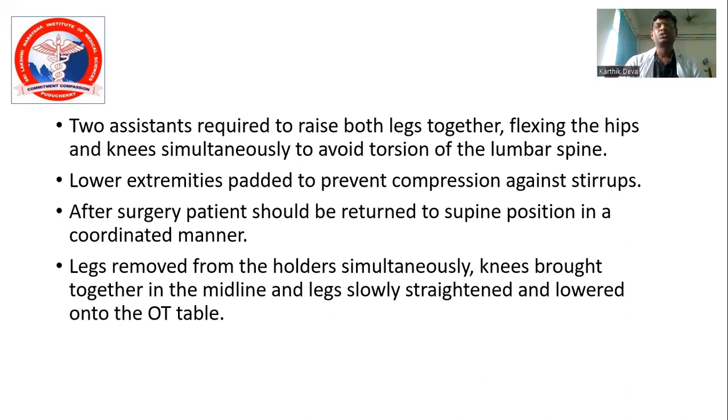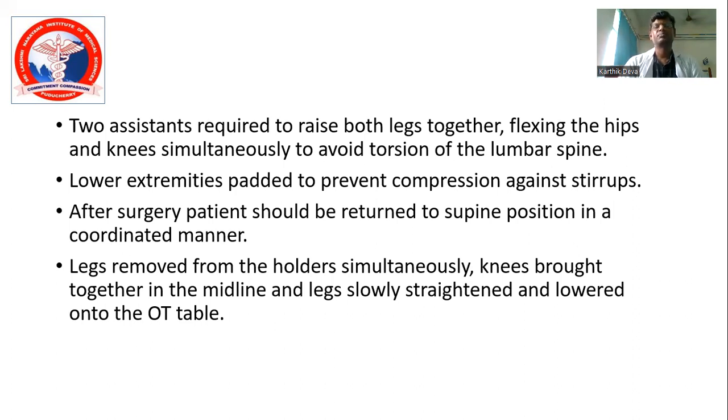When positioning, at least two assistants are required to avoid any nerve injuries. Two assistants are required to raise both legs together by flexing the hips and knees simultaneously to avoid torsion of the lumbar spine.